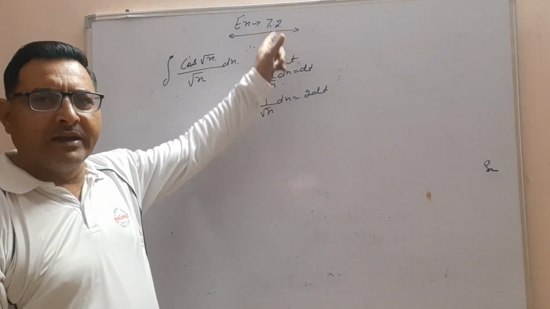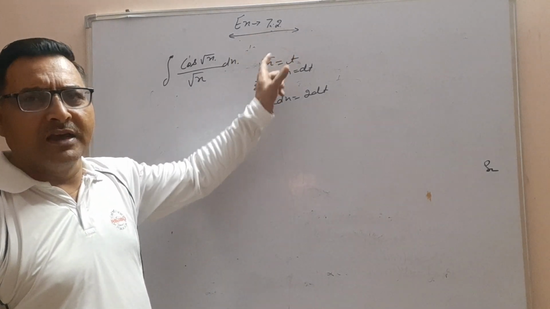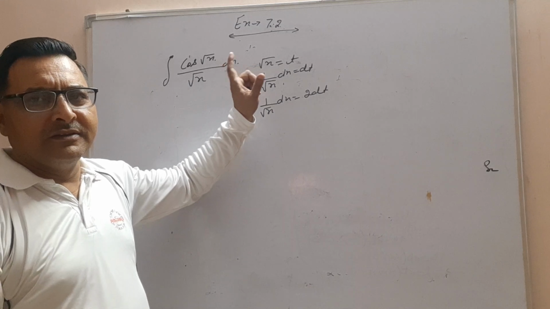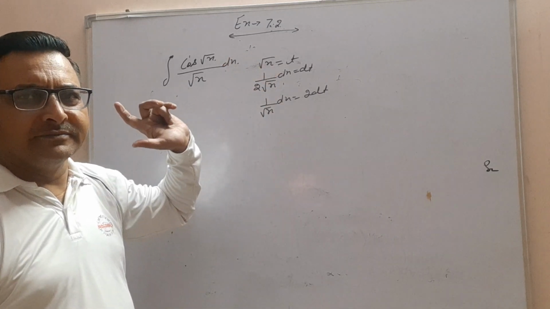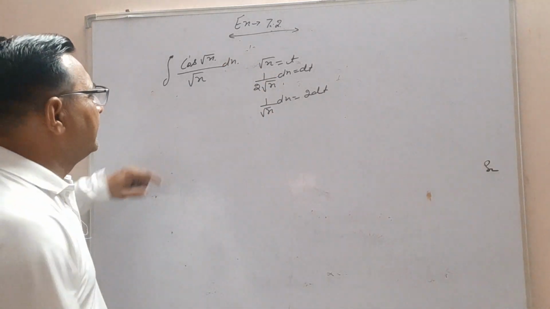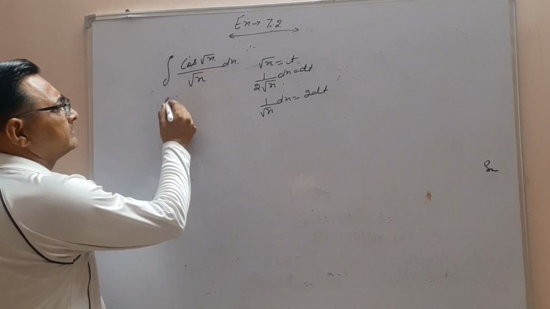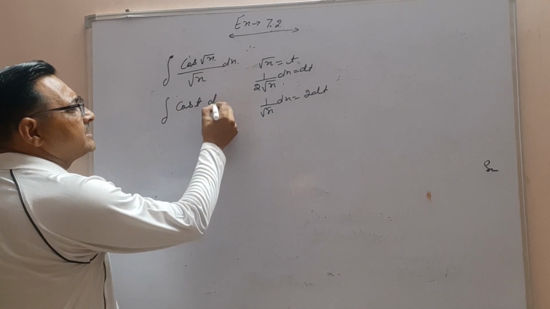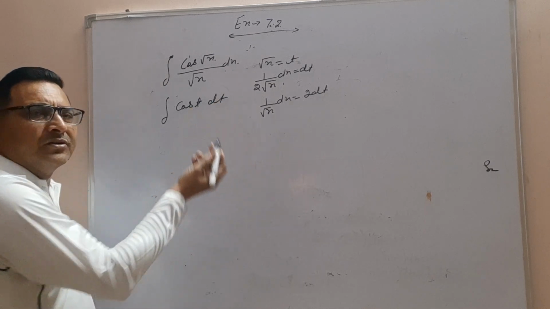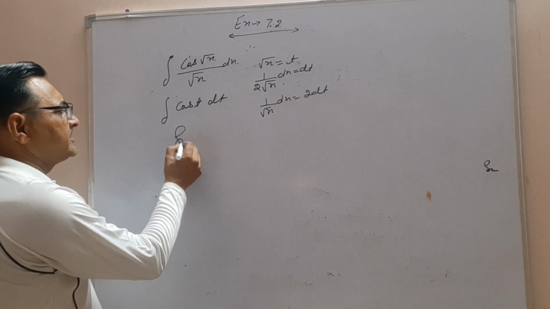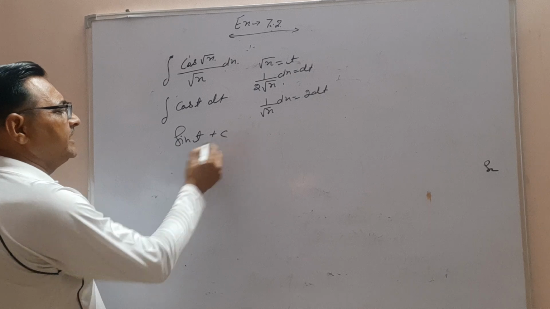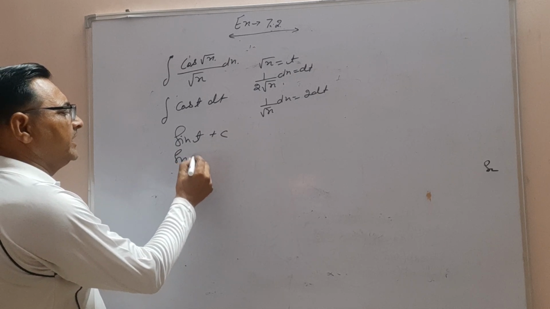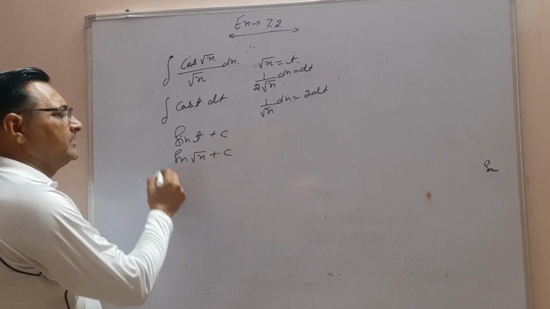Take its power 1 by 2 and then simply do the differentiation. You will get the same result. Now what will it be? It will be cos t and 1 by root x dx is equal to dt. Do the integration. Cos t integration is sin t plus c. Put here the value of t, that is sin root x plus c.